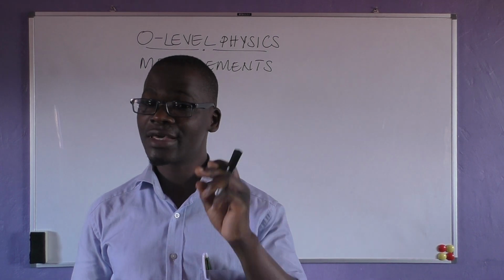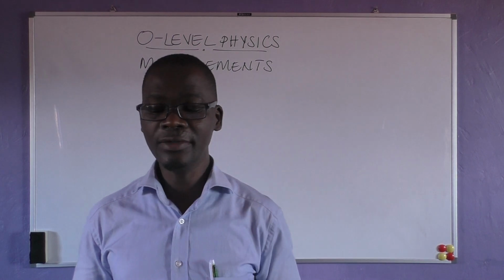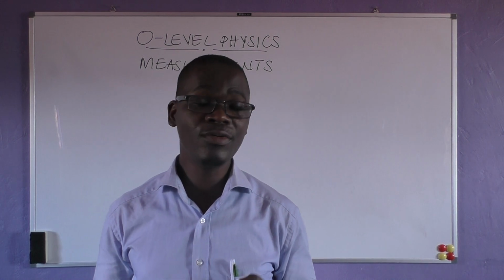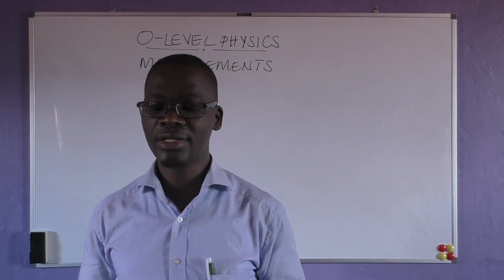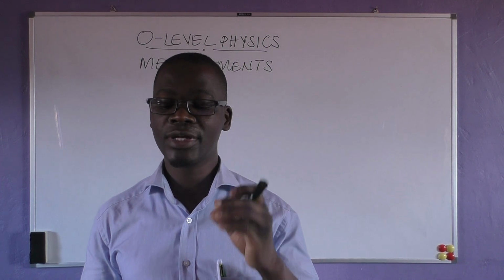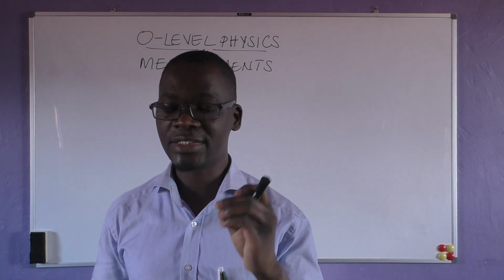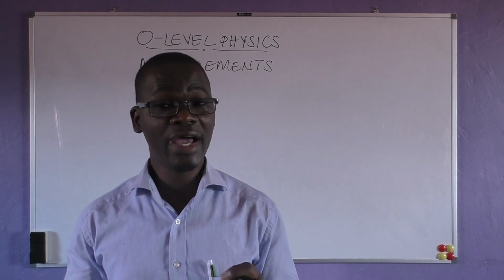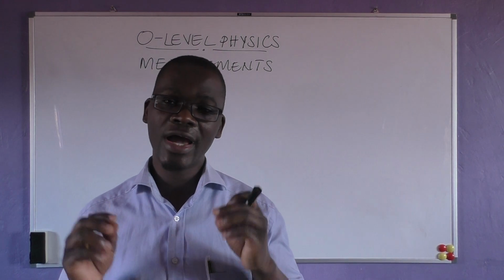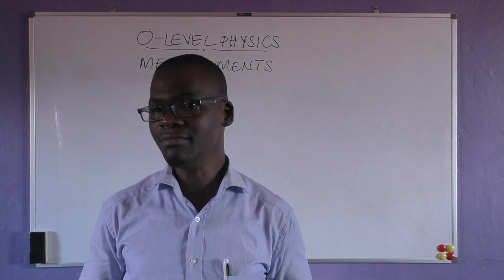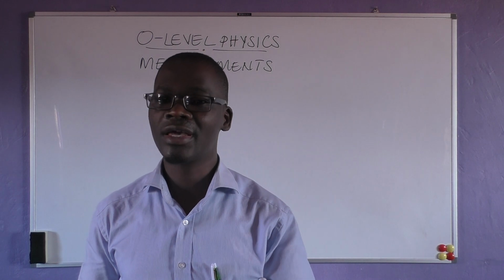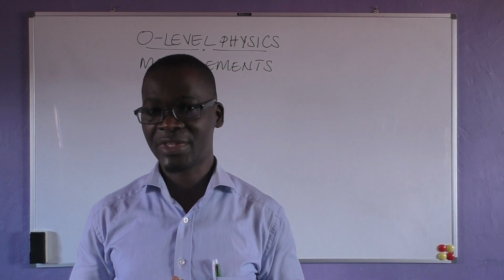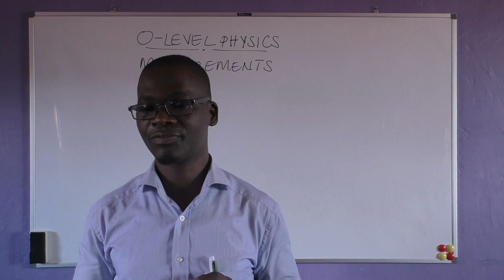Estimation is defined as the use of prior knowledge and sound physical reasoning to state a rough idea of a quantity value. For instance, if you know who teacher Ivan is, you can use the knowledge you have about him to give a rough estimate or a rough value of his age. That is what we call estimation.